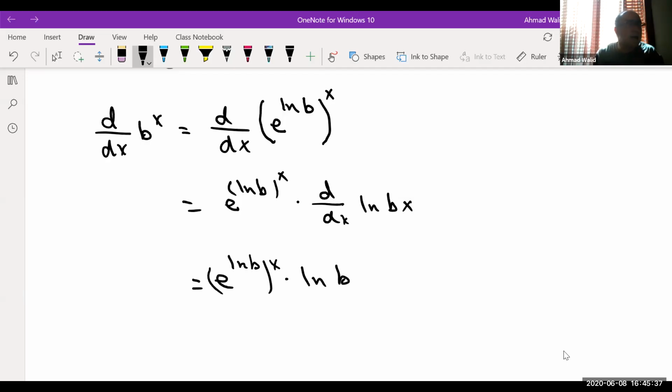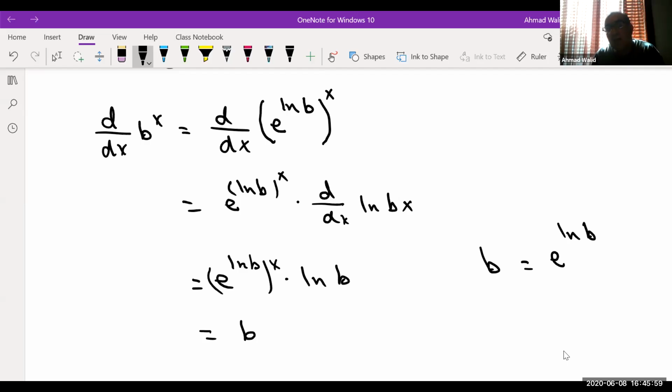Now let's multiply and simplify. E to the ln b, to the power of x: e to the ln b was actually our b, right? We named our b as e to the power of ln b. Let's replace back.